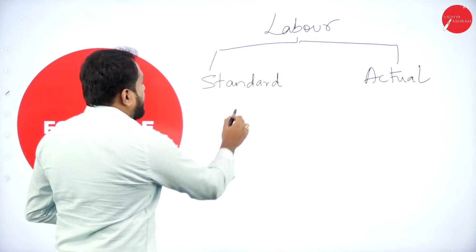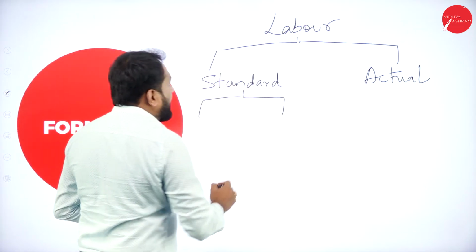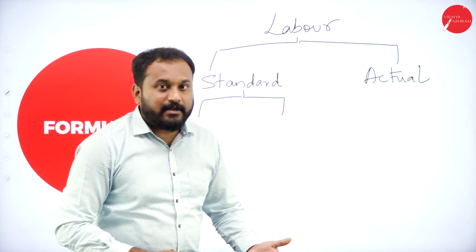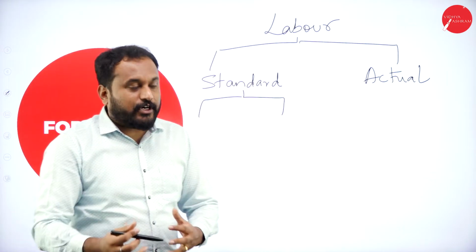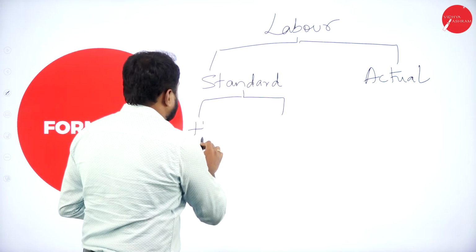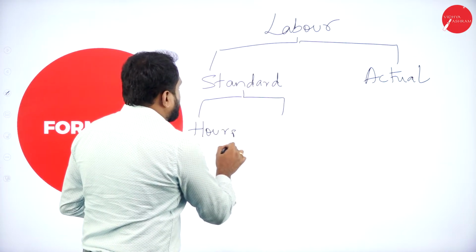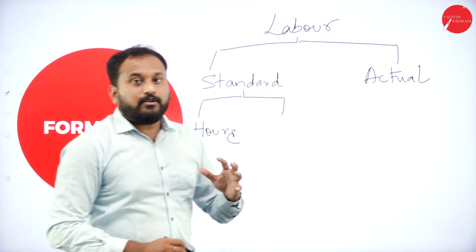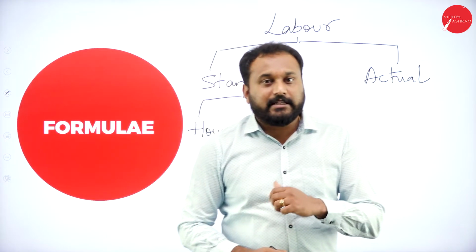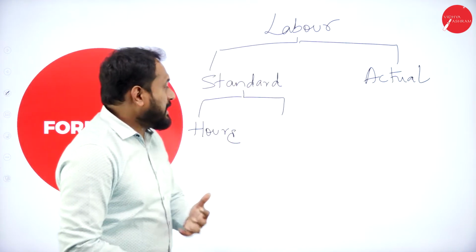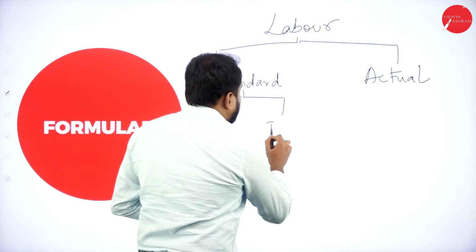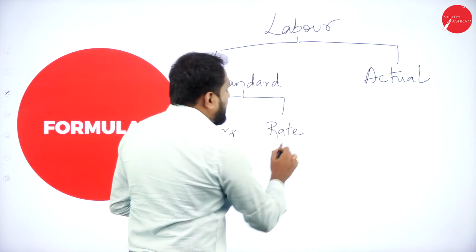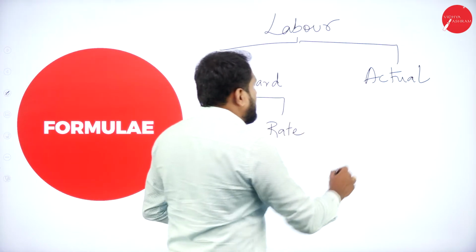When you go with standard here, students, what all you will be calculating when it comes to laborers is how many hours they have worked. That is total hours. And for 1 hour, how much you have paid them, that is called rate. Now understand the same concept here.